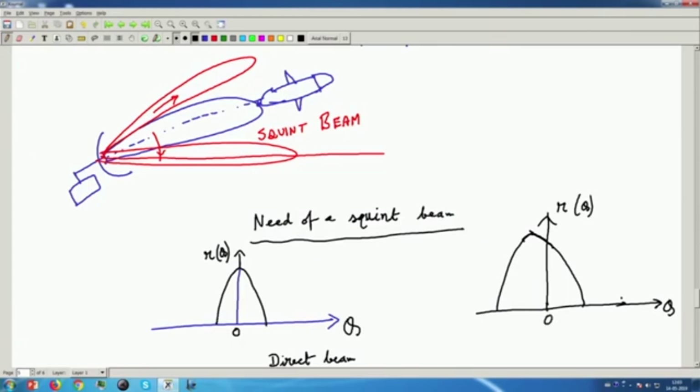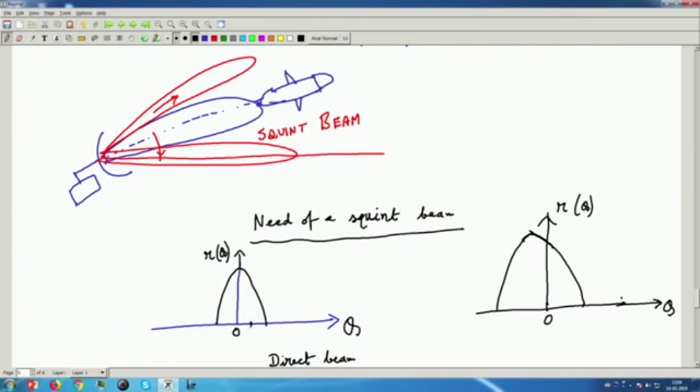Now, I have a very small thing, but to show, I am showing.